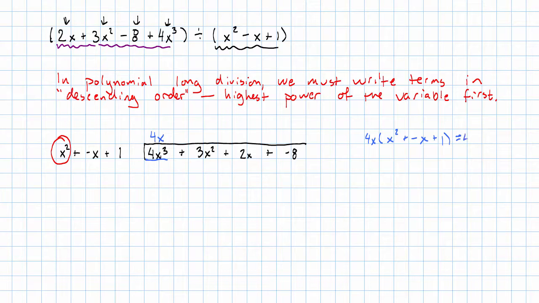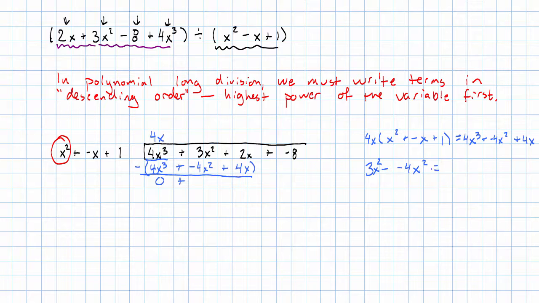So that'll be 4x cubed plus negative 4x squared plus 4x. 4x cubed minus 4x cubed, of course, is 0. 3x squared minus negative 4x squared is minus negative, which is the same as plus positive, so 7x squared.